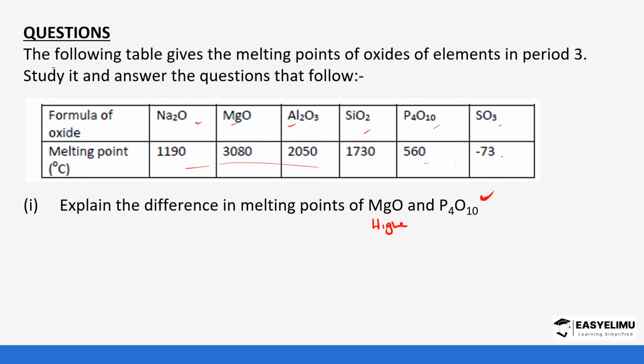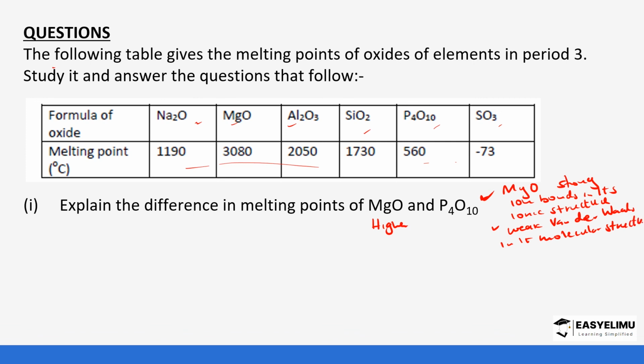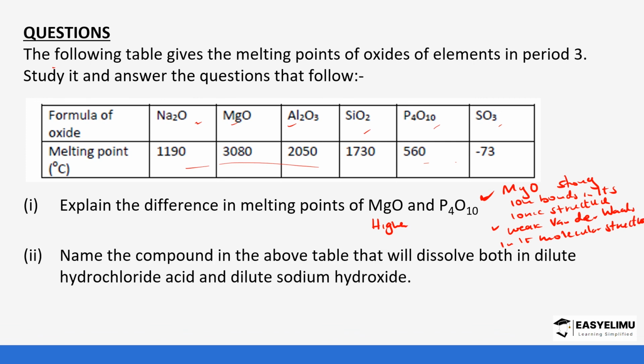The reason why that is so is because magnesium oxide is bonded by strong ionic bonds in its ionic structure, while phosphorus 5 oxide is bonded by weak van der Waals forces in its molecular structure. That's the reason.